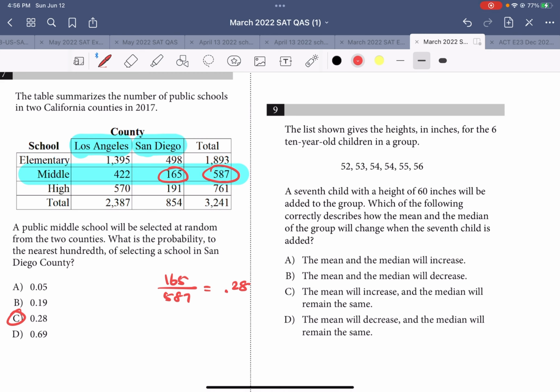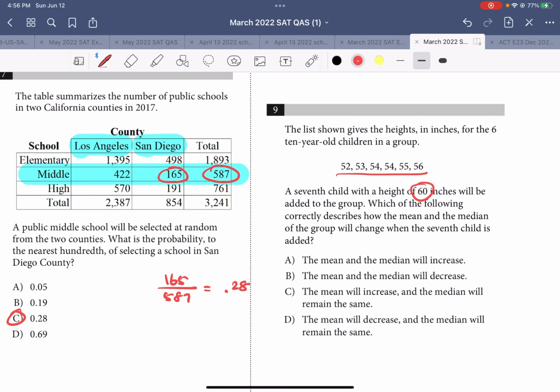Number 9. The list shown gives the height in inches for the 6 ten-year-old children in a group. A 7th child of height 60, the highest of all, will be added to the group. Which of the following correctly describes how the mean and median of the group will change when the 7th child, 60 inches, is added? So put the data in order. Let's talk about median first.